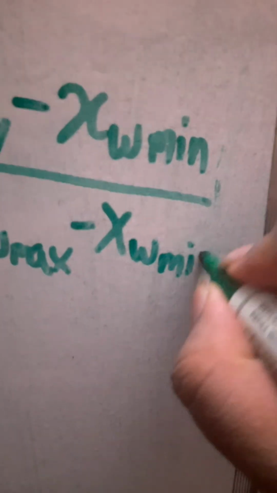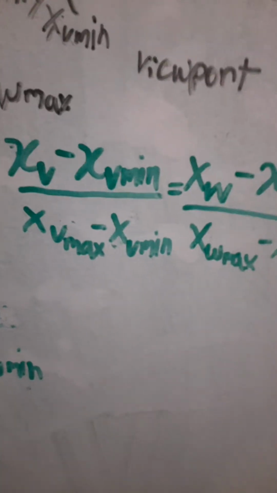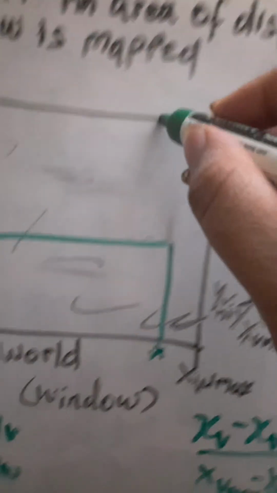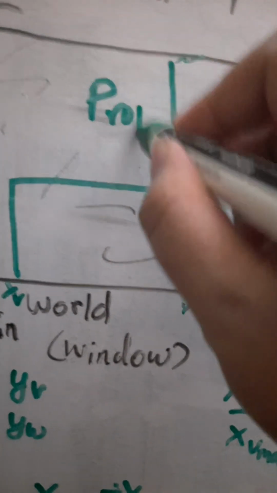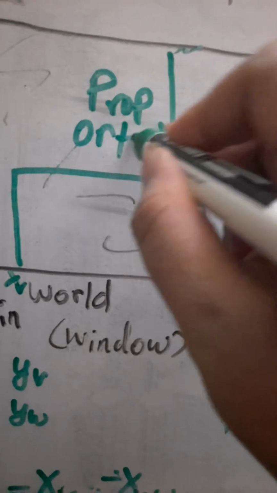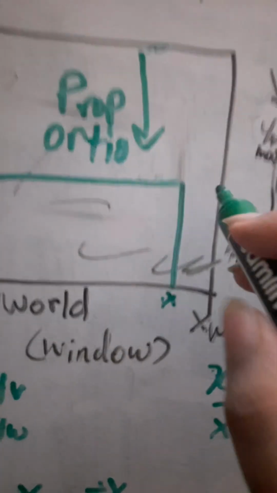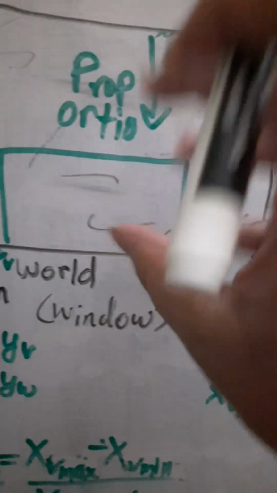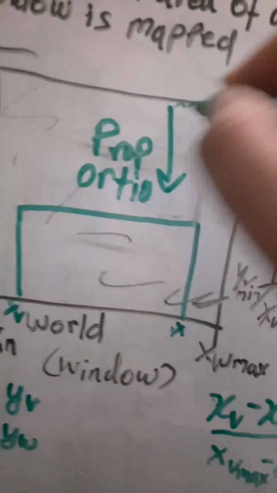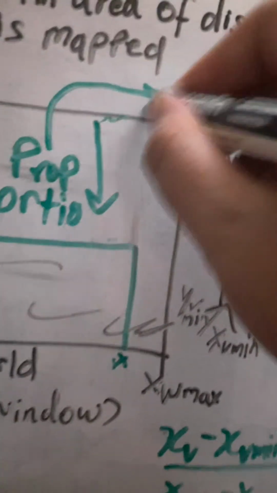What this formula says is that this is proportionate, because things are almost equal but they are shrunk. They are similar, they are shrunk. So this means the ratio is equal.